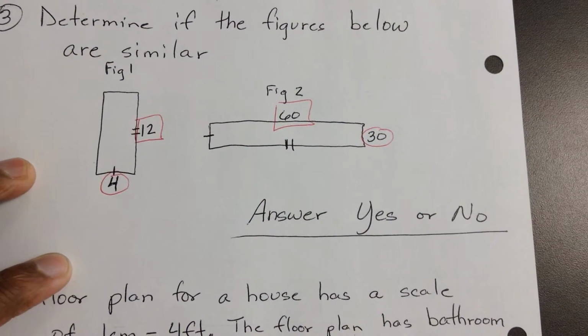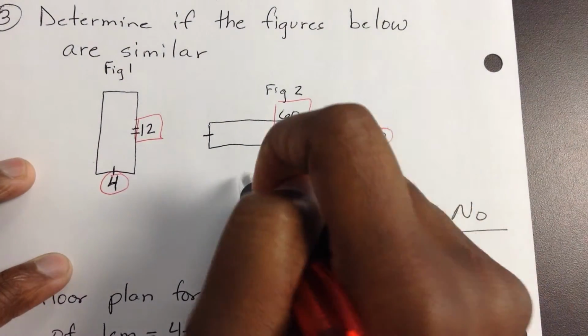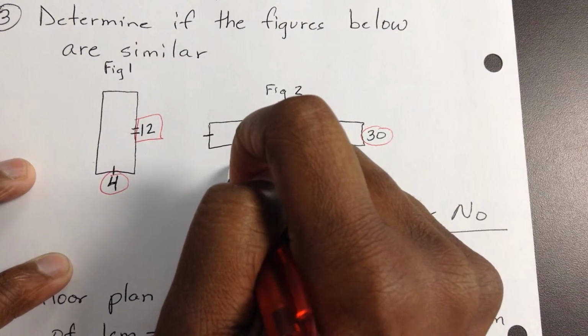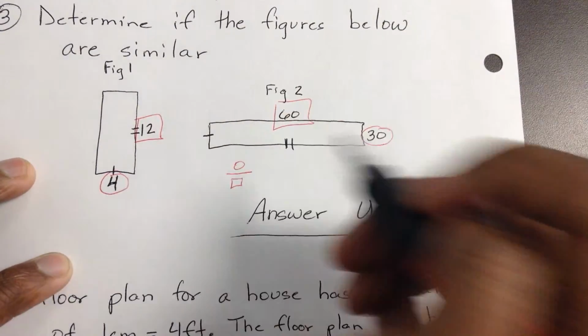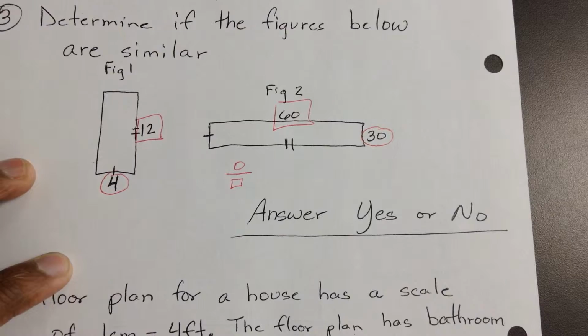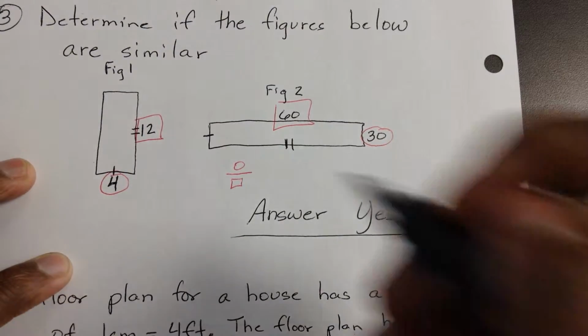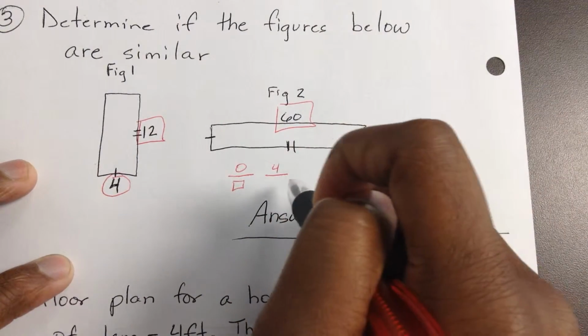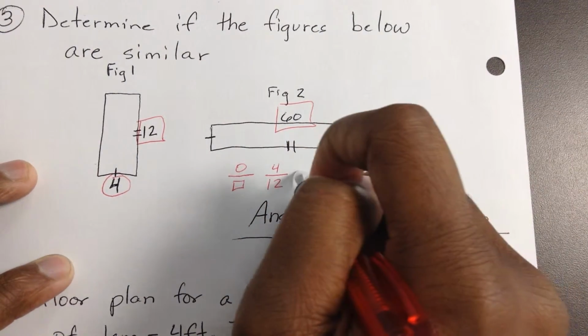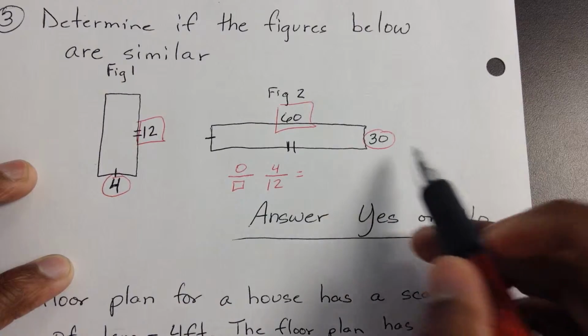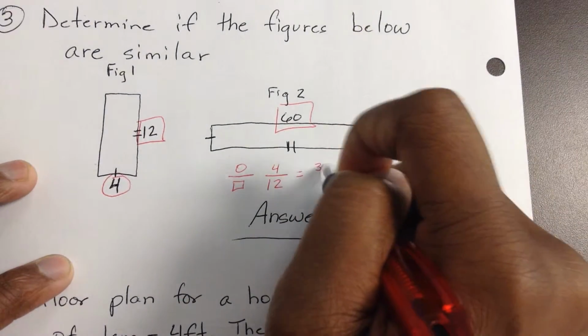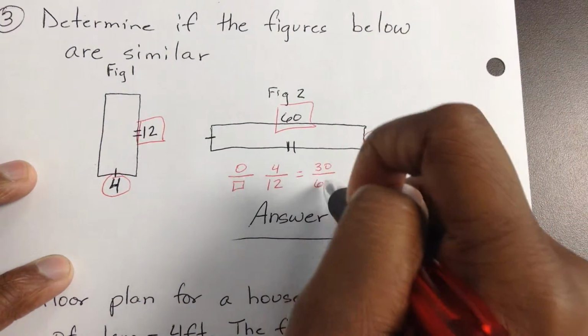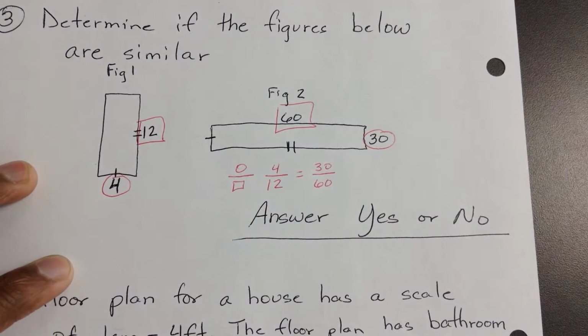So in order to answer this yes or no, I need to set up a proportion, or my ratio, of circle to square. So the circle is 4 and the square is 12. The circle is 30 and the square is 60.